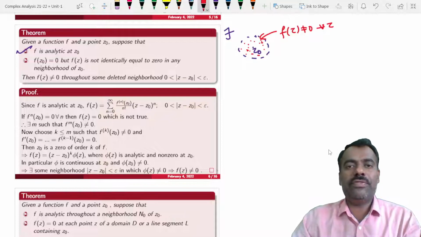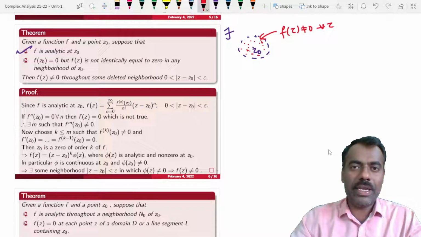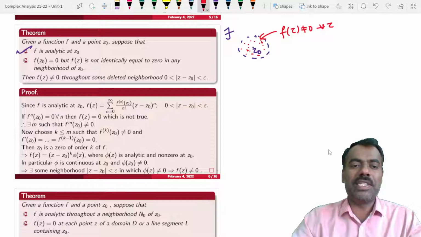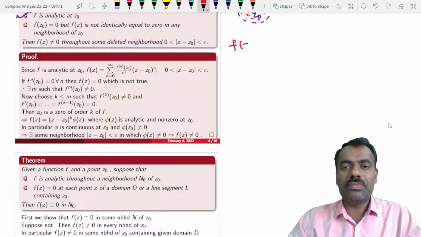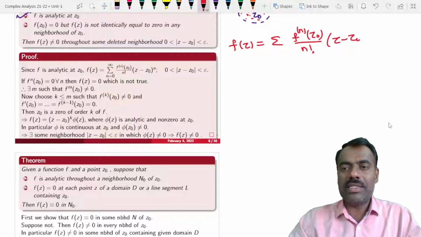Whenever f is analytic at a point, we have a ready-made Taylor series representation. So f is analytic at z naught, so we have f of z equal to the summation of a_n, that is, f^(n) of z naught upon n factorial, times (z minus z naught) to the power n, in this domain.